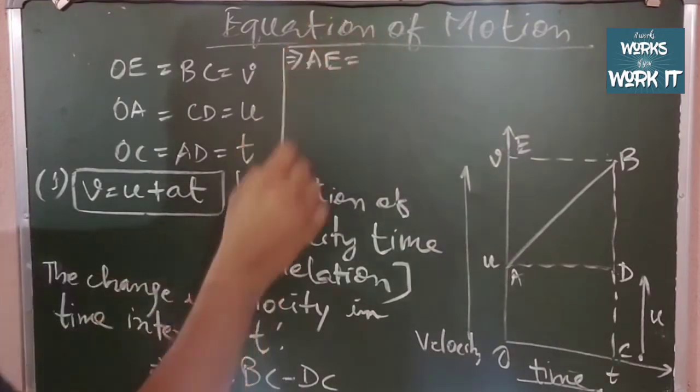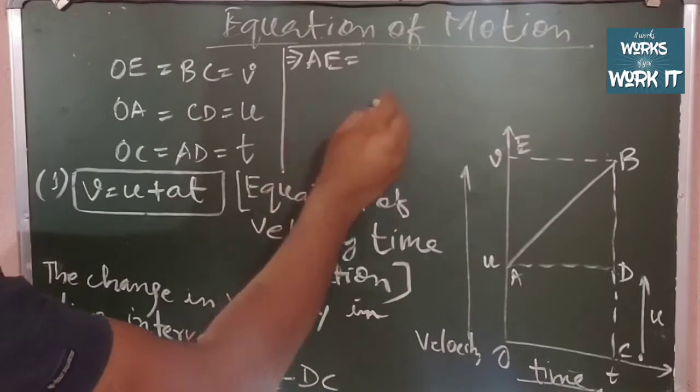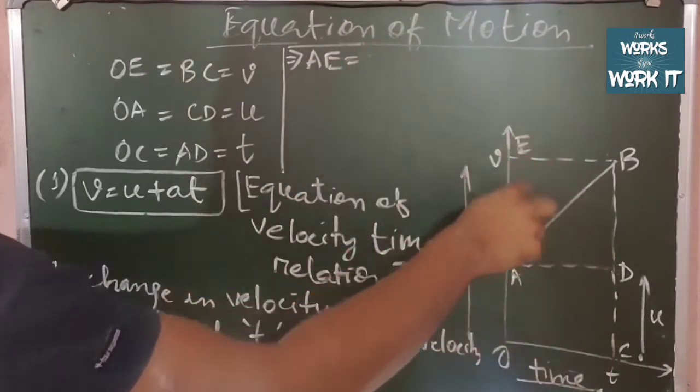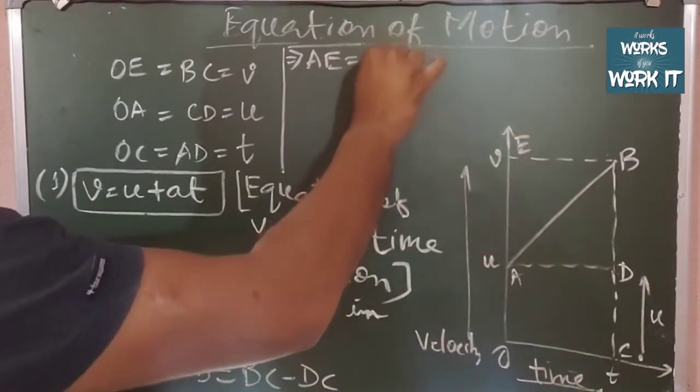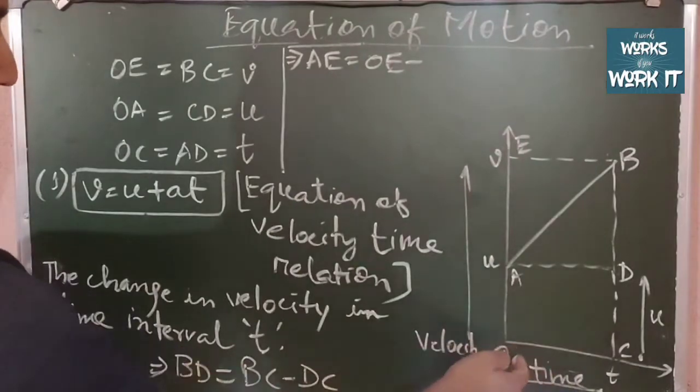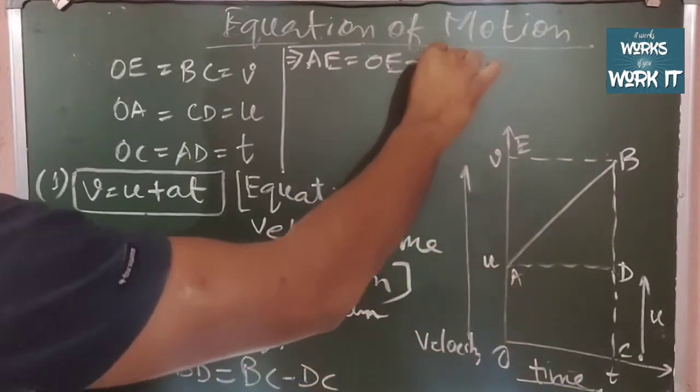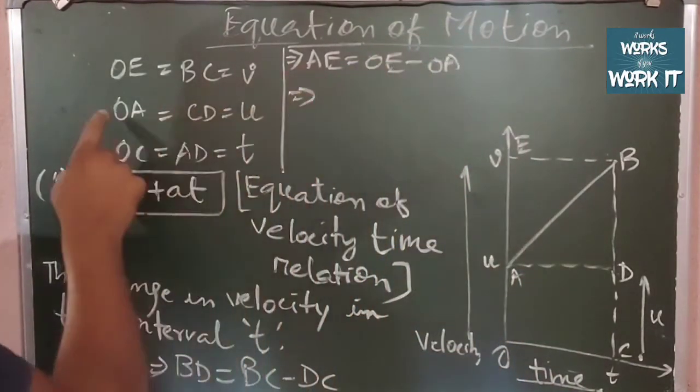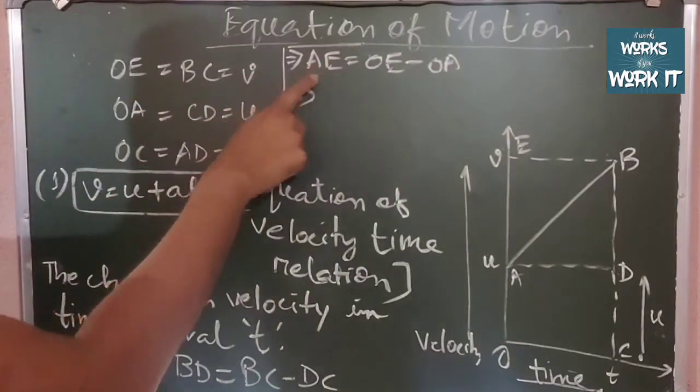Now in place of BD we can write AE, in place of BC we can write OE, and in place of CD we can write OA.